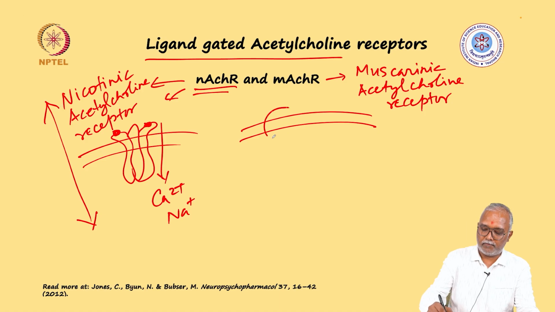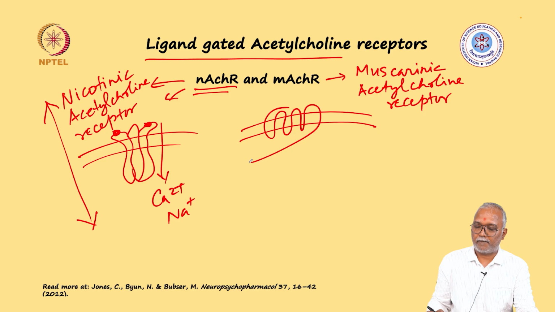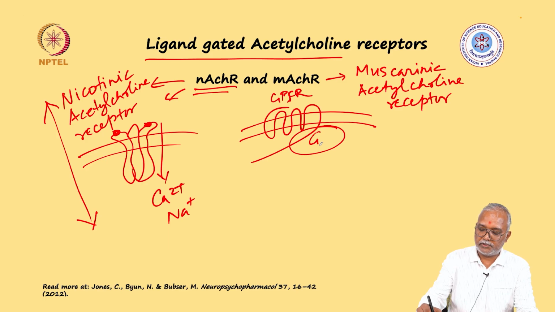But you also have this kind of receptor for acetylcholine, which is called the muscarinic acetylcholine receptor, and this is a GPCR type. So you know that when such a receptor is engaged, you will need G alpha.